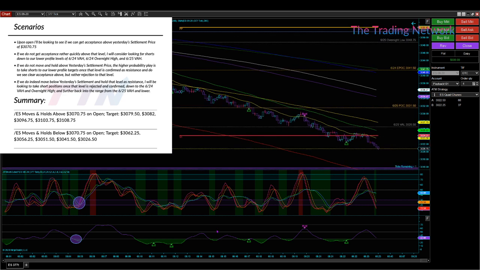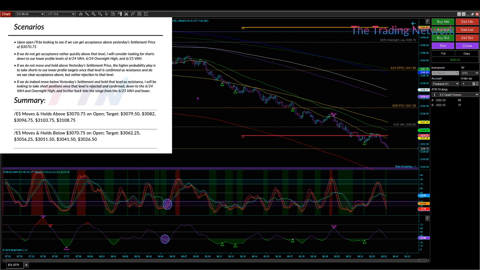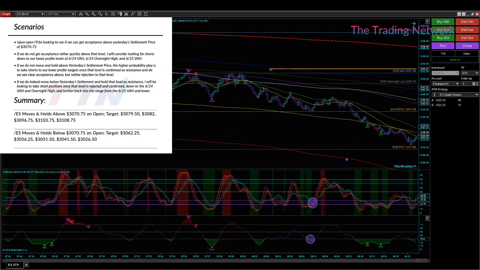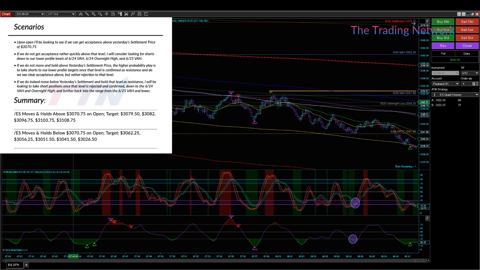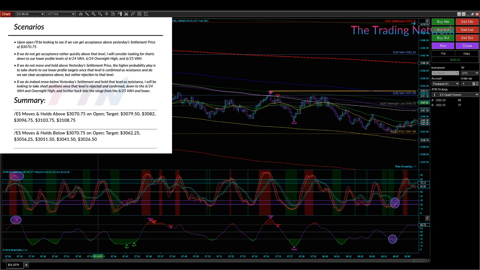And this is how I am basing my trades throughout the day. I'm watching reaction to these profile levels. So just to recap, 625 was previously support, got broken to the downside. Now it's resistance.